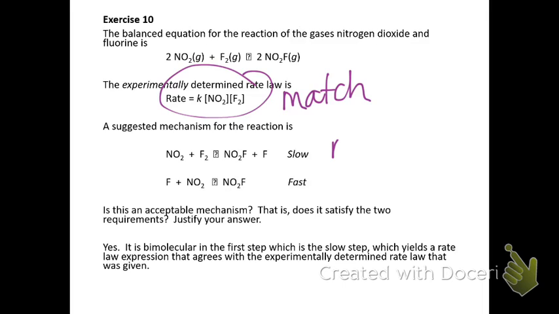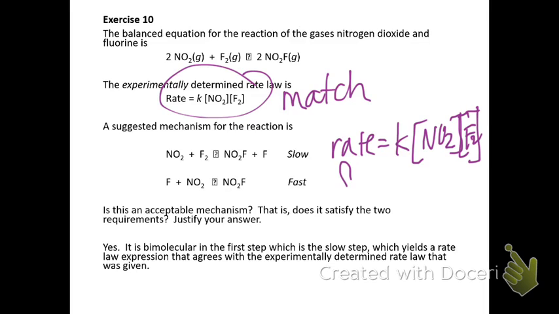So the slow step is going to be rate is equal to k[NO2][F2]. And then we stop because that's the slow step. Okay? We want to cross out any of our intermediates, which is just F. All right.